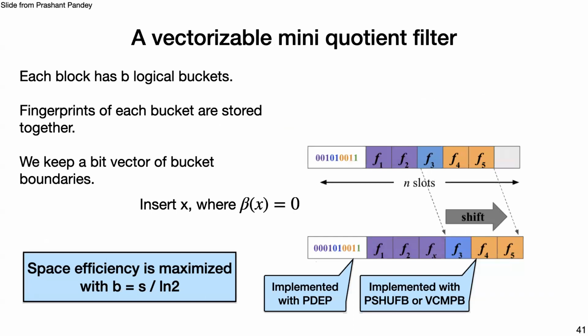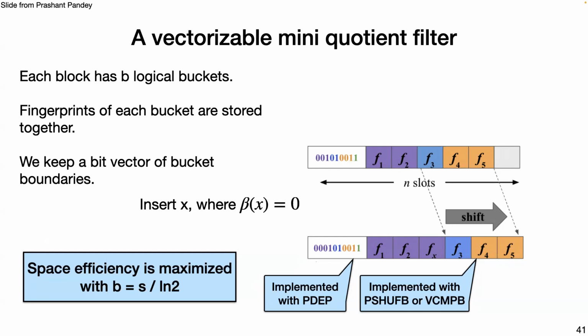Inside the blocks, like I said, they have this small quotient filter. Every block has B logical buckets, and the fingerprints are just like in the initial quotient filter. The buckets are like the sets in the initial quotient filter, and this metadata tells you how long the runs are in unary.